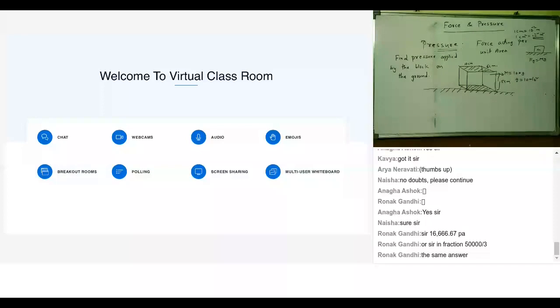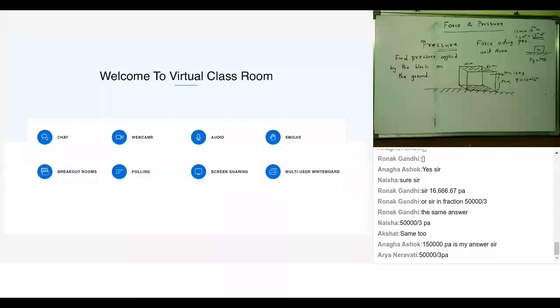Ishan, I'm not getting any answers from you. Ishan, Varnika, Akriti, I want you to come up with the answer this time. Ashok, Akshat, same. 15,000 Pascal, 1,50,000. Ashok, I think you need to check your answer. Can you redo the calculations once, quick? Ishan, any answer from you?